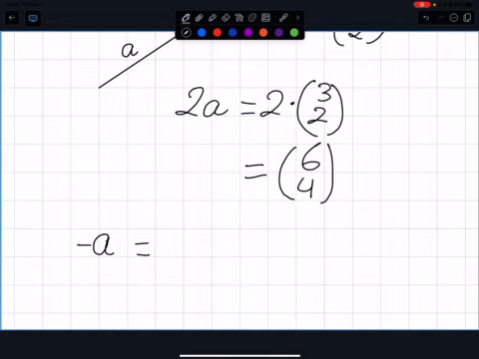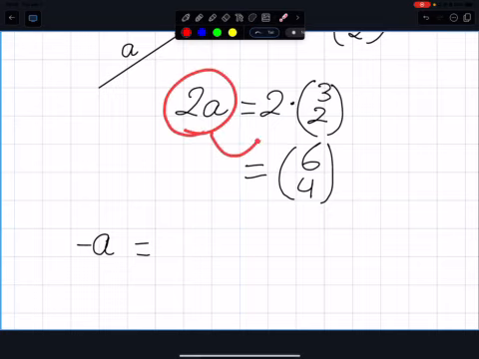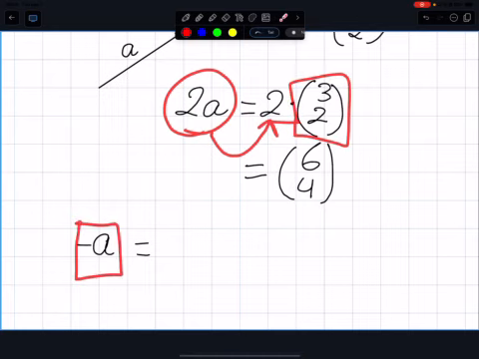Remember, we are focusing on our analytical abilities. If 2A means 2 multiplied by the vector A, what does negative A mean?